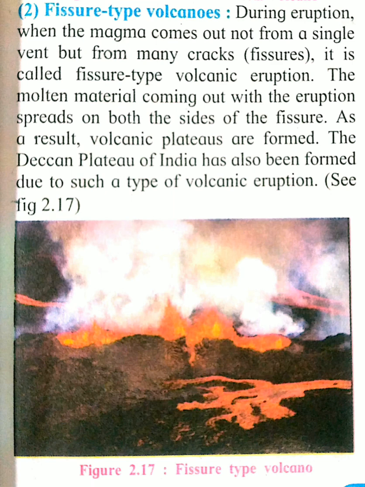In the first type, we have seen the central or conical type of volcano, where mountains are formed. In the fissure type volcanoes, plateaus are formed. The Deccan Plateau of India has also been formed due to such type of volcanic eruption.